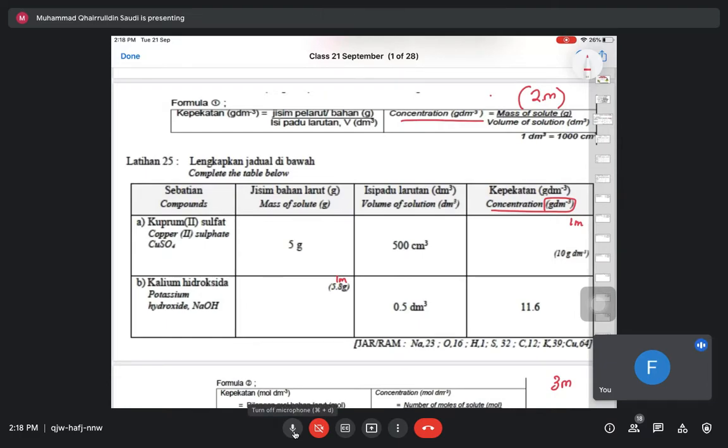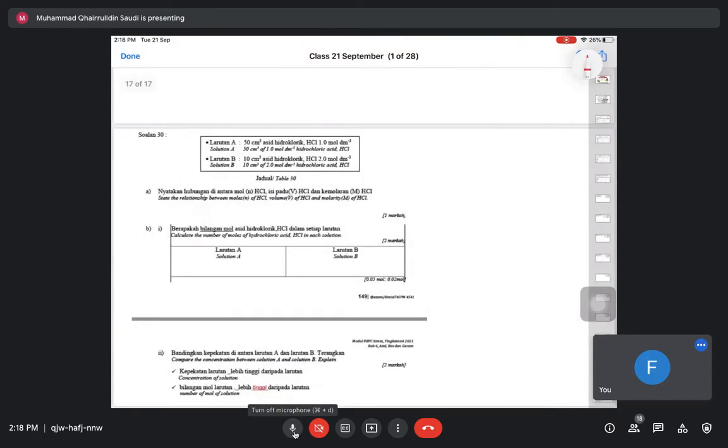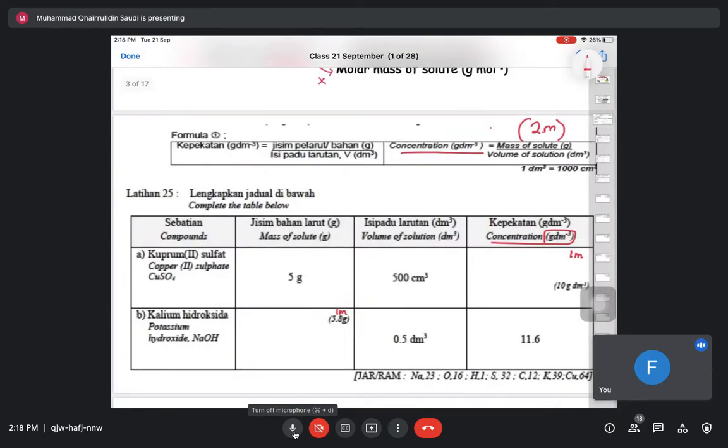Alright, sorry. Continue. Make sure you guys mark your work and give points to your work as well. In order to find the concentration in gram per dm cube, we take the mass of the solute divided by the volume of the solution. The volume of the solution is in centimeter cube. So what should you do first? Good. Change it to decimeter cube.